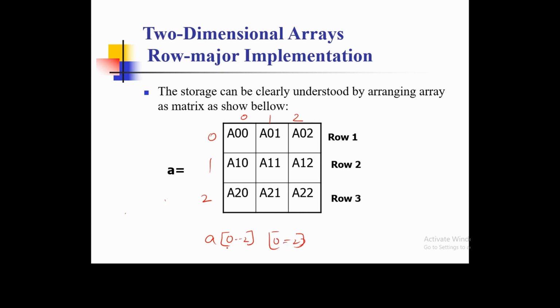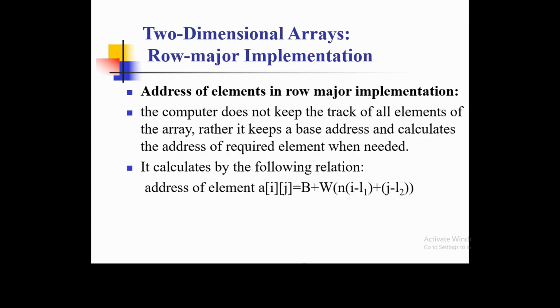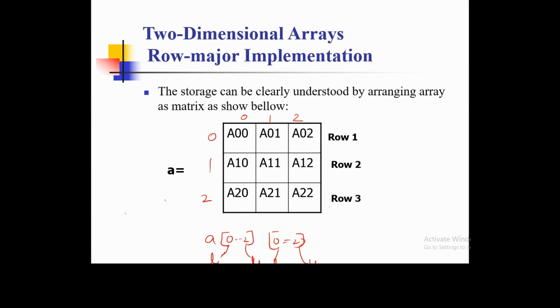Okay, so this is the lower bound L1 and the upper bound U1, meaning lower bound and upper bound of the row. It is L2, the lower bound of the column, and the upper bound of the column.